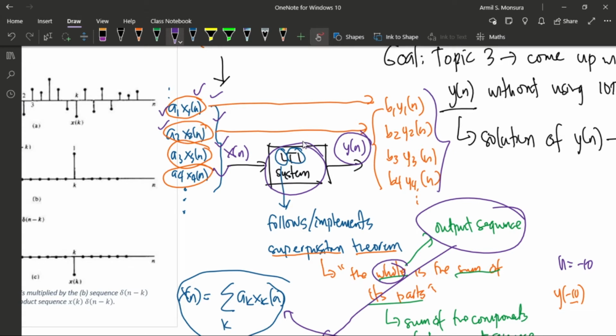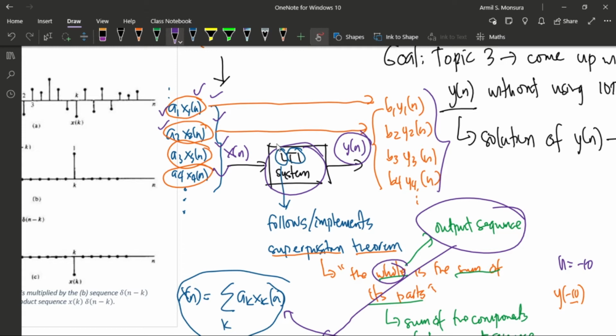Now, baka isipin nyo na ganito exactly yung gagawin natin. Actually, hindi naman siya ganito ka rigorous mathematically, step by step. This is just to demonstrate, to drive the point na ganun yung ginagawa ng second technique.